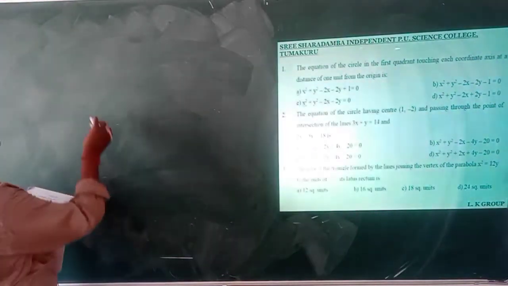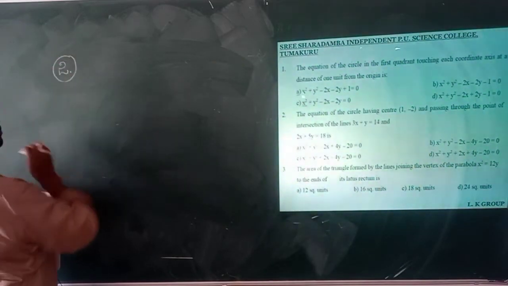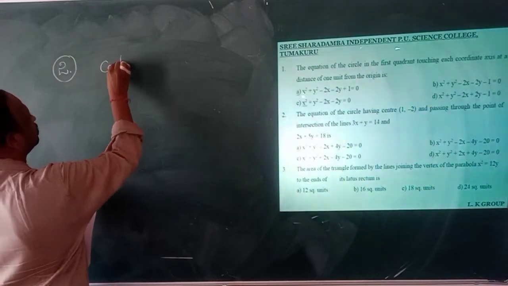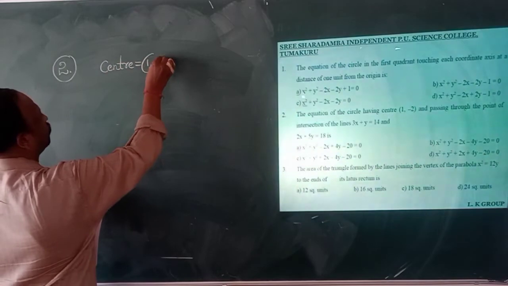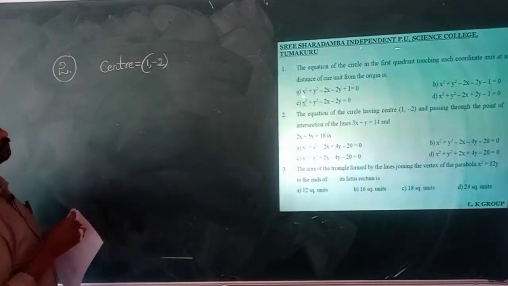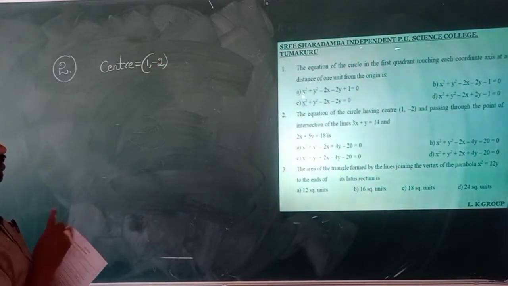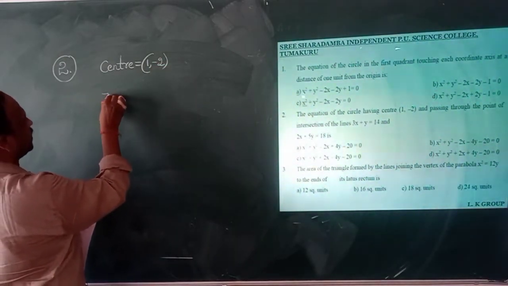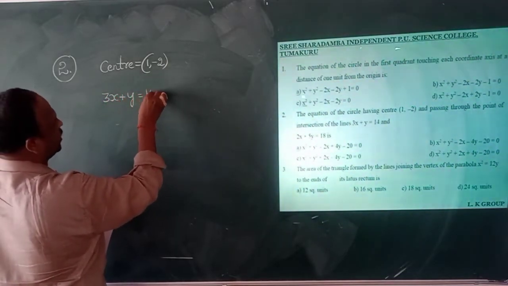The first line is 3x plus y is equal to 14.